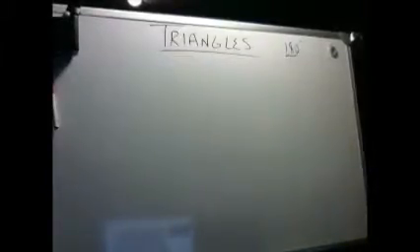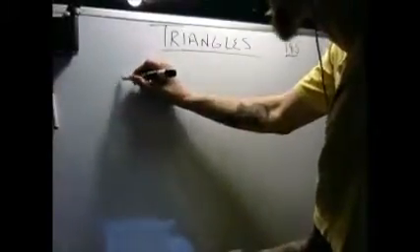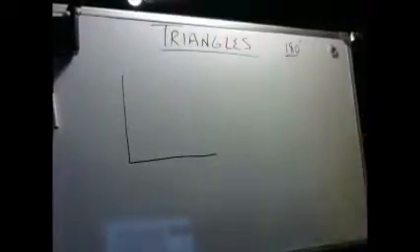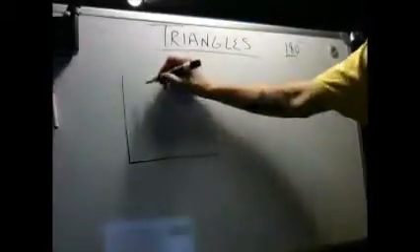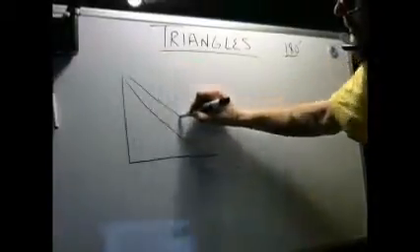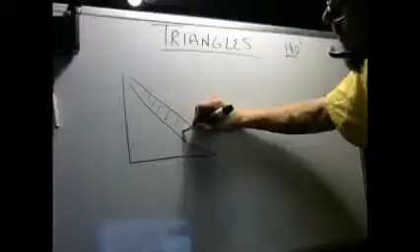So, let's see if we can get a picture of this. I think that always helps. So this is the wall and here's the ground. And it says the ladder is 20 feet long and it is placed against the wall. So here's our ladder. It's a pretty ugly ladder, but it's a ladder.